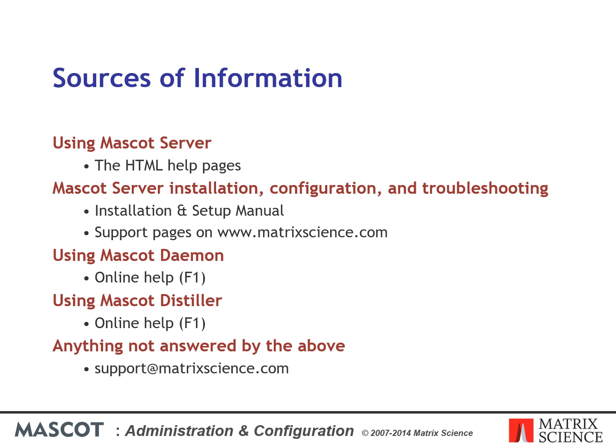For using Mascot Daemon, access online help within Daemon by pressing the F1 button. For using Mascot Distiller, access online help within Distiller by pressing F1. Anything not answered by the above, please contact us at support@matrixscience.com.